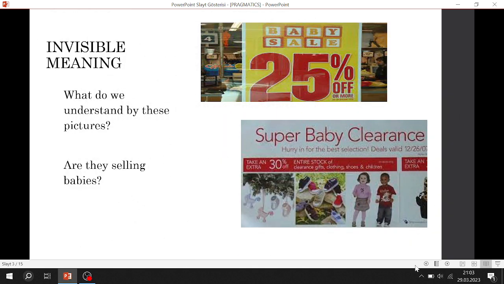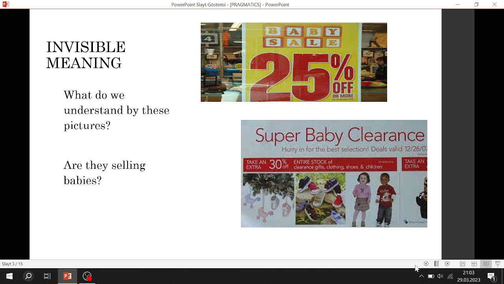Invisible meaning. Let's start. What do we mean by invisible meaning? What do we understand by these two pictures? Are they really selling babies? Of course not. Invisible meaning means that there are lots of things that are not mentioned or written.